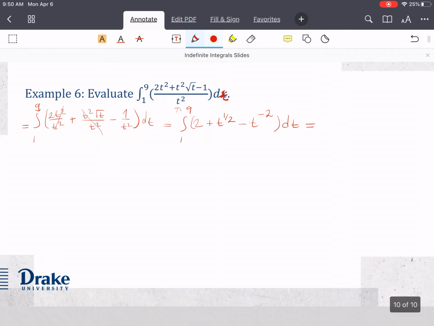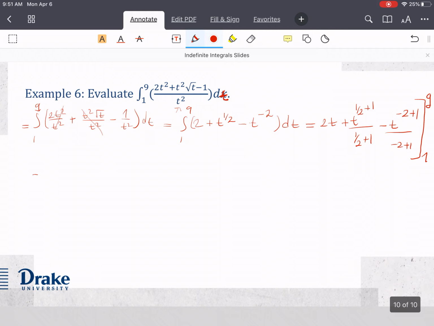The antiderivative for 2 is 2t. I don't need the integral anymore. So t to the 1/2 becomes t to the 1/2 plus 1 over 1/2 plus 1. And the antiderivative for that last term is t to the negative 2 plus 1 over negative 2 plus 1. And I'm going to evaluate this whole thing going from 1 to 9.